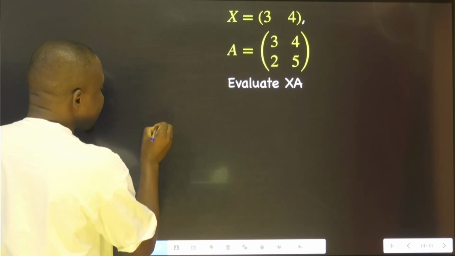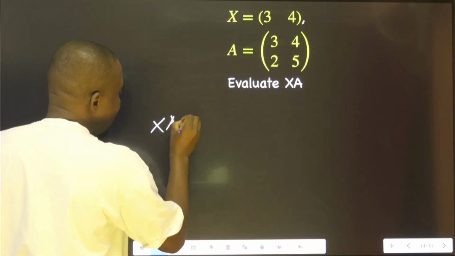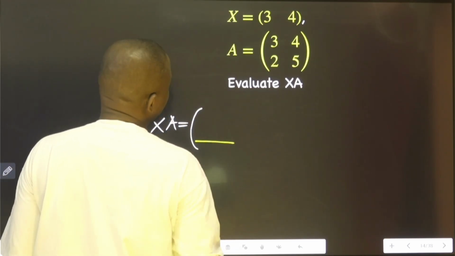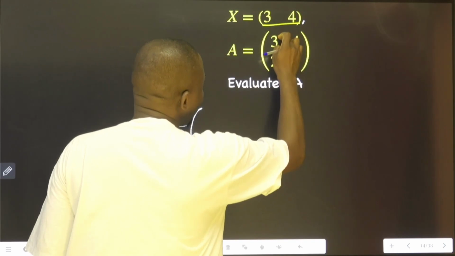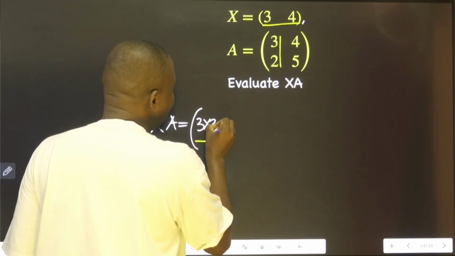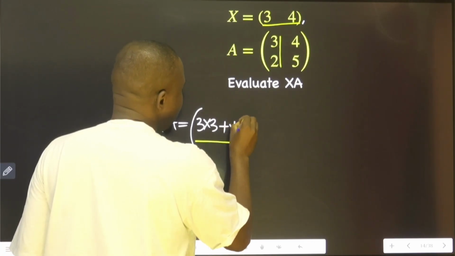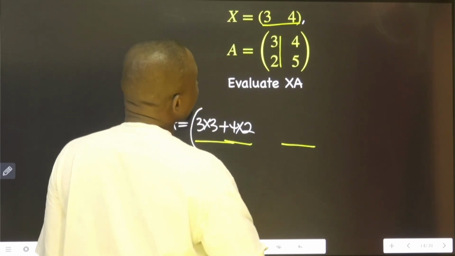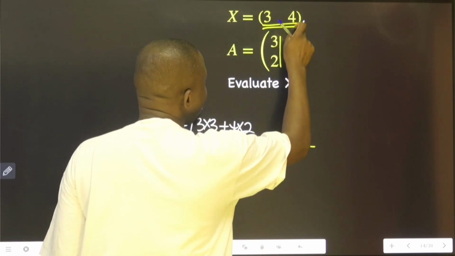So XA is equal to, for this first location, we say this multiplied by this. That is 3 multiplied by 3 plus 4 multiplied by 2. Then another one, this location. That is this again multiplied by this.